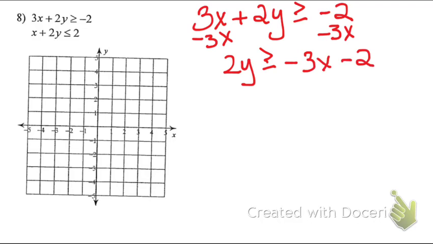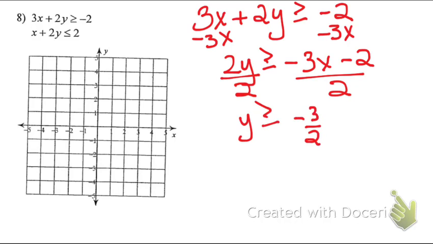Now I have to get y totally by itself, so I'm going to divide both sides by 2, and I get y is greater than or equal to negative 3/2 x minus, and that's 2 over 2, which is just 1.